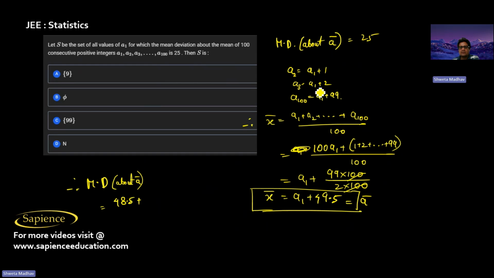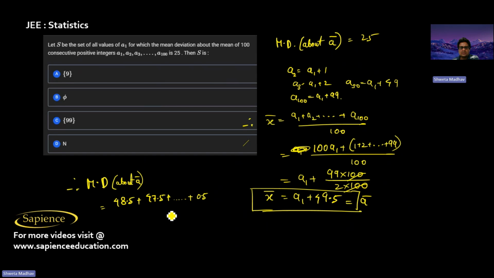Plus A1 plus 2 minus this, so this will be 47.5. Plus this 3, 46.5, and so on. Then A50 will be A1 plus 49, so then if you subtract, you will get 0.5.